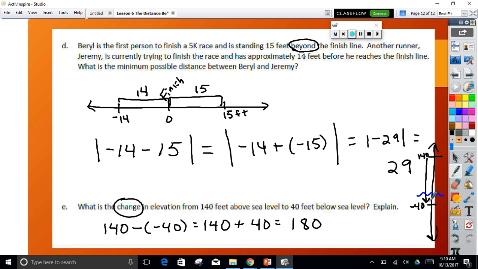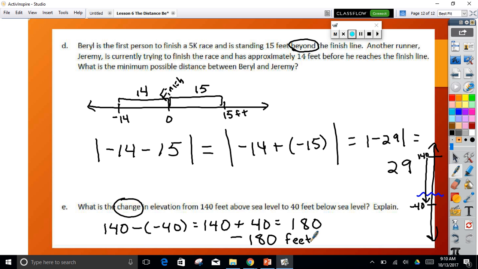So you're going to want to give your answer as negative 180 feet. That's the change in the elevation. It's a negative change because it's going down. I don't even know if it's talking about a person, but the change in elevation is negative.